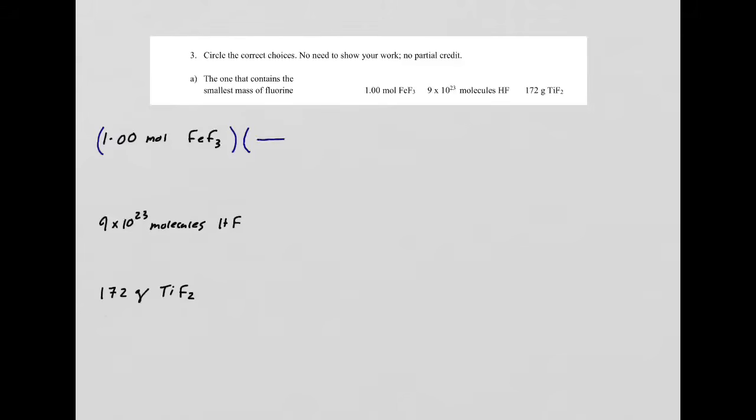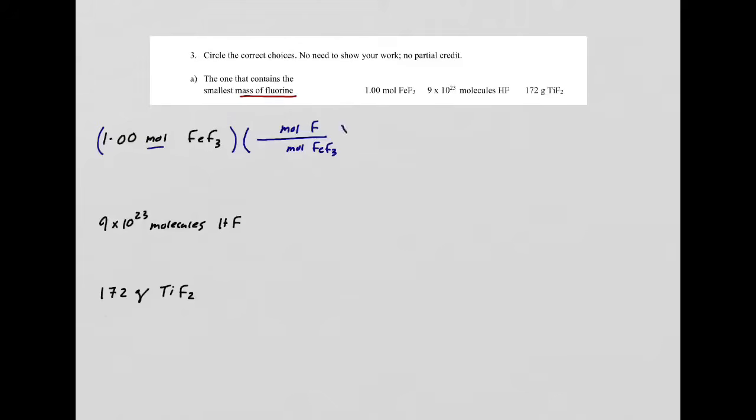Now, I'm already at moles, which is kind of nice. So now I'm ready to do the mole ratio. I don't want the moles of FeF3. What I want is moles of fluorine. Because again, the question asks us to pick the one that has the smallest mass of fluorine.